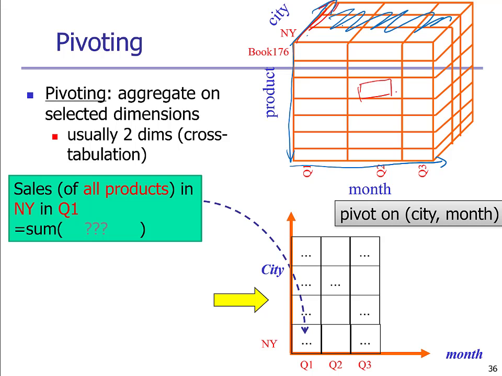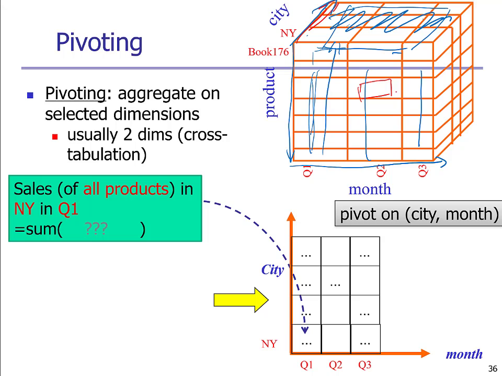A 2D cube, which looks like the slice on the top of the data cube, but it is not, because we need to do the aggregation. If we only take, say, the first layer, then we will lose the information in the following layers. If we take this layer, we will lose the information in the rest of the layers.